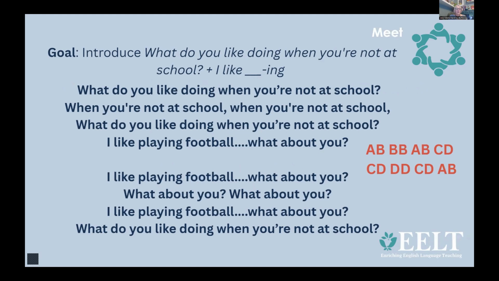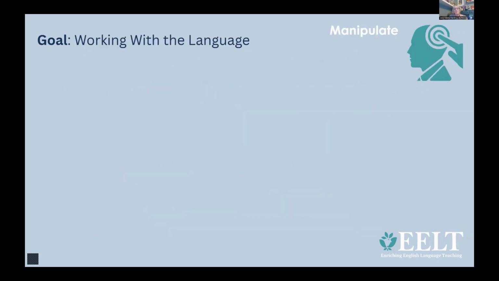And then they're going to add in those verbs to that final bit. Okay. So now in the manipulate stage, this is where you're getting the learners to work with the language. You're going to notice it, they're going to change it, and they're going to practice it in safe, supported ways.